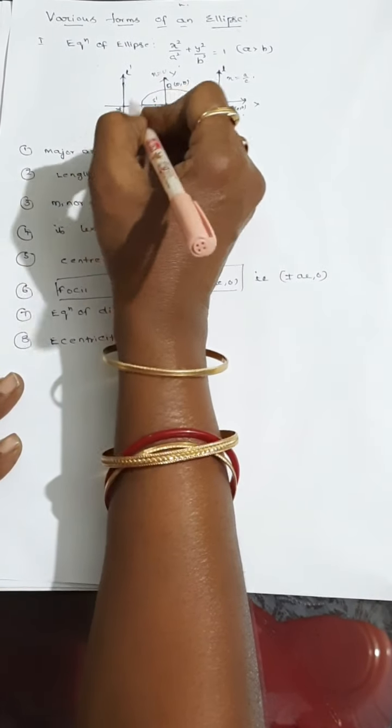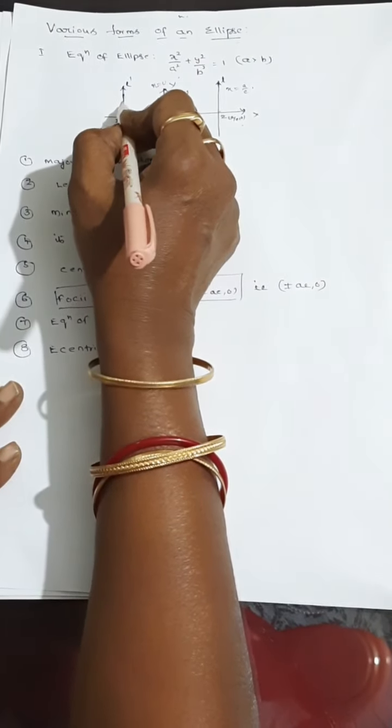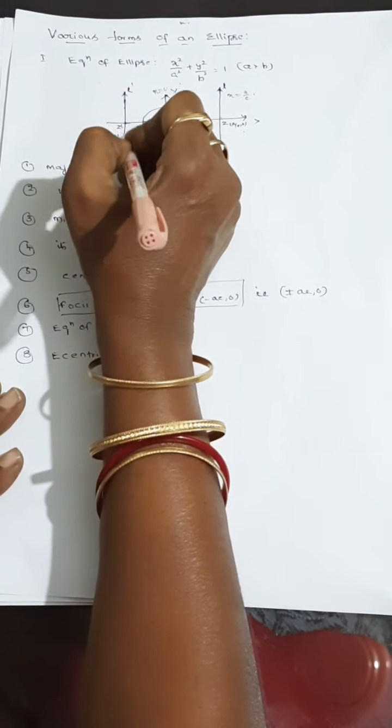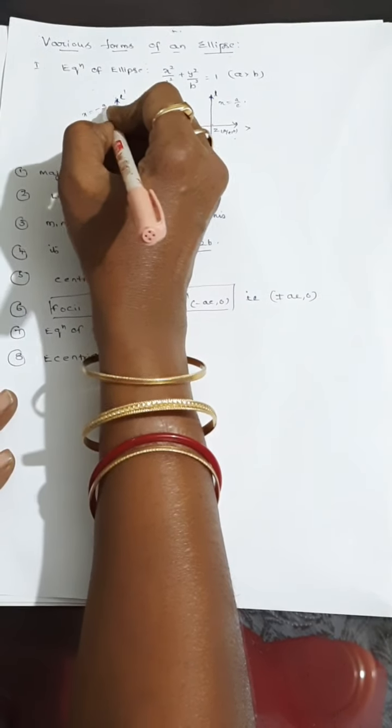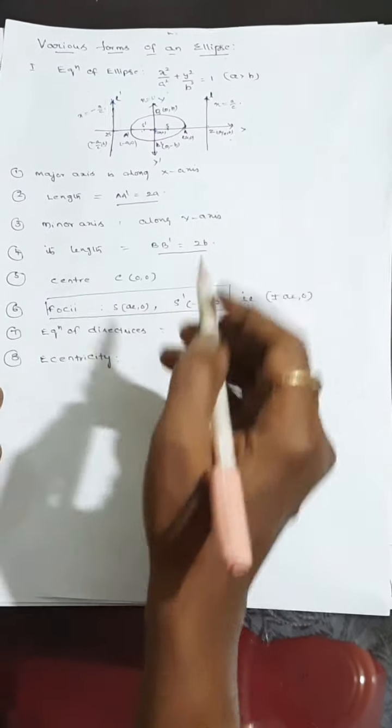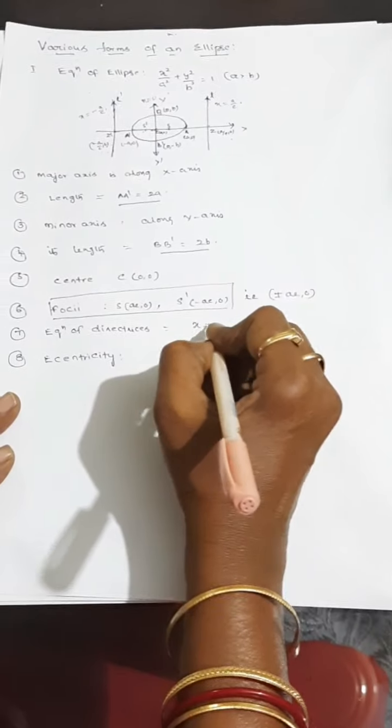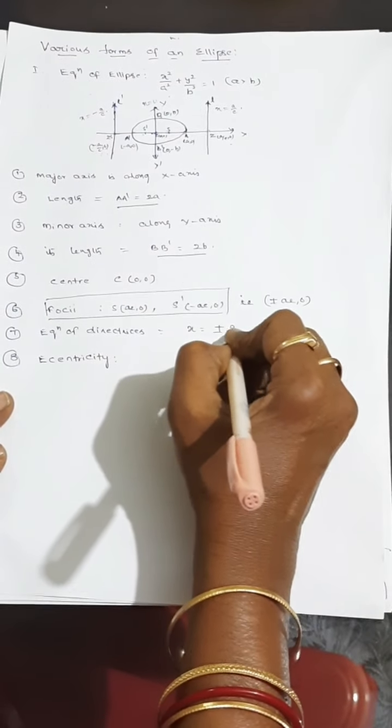The distance is a by e. So it is also parallel to the y-axis. So the equation of another directrix is x is equal to minus a by e. So the equations of the directrices are x is equal to plus or minus a by e.